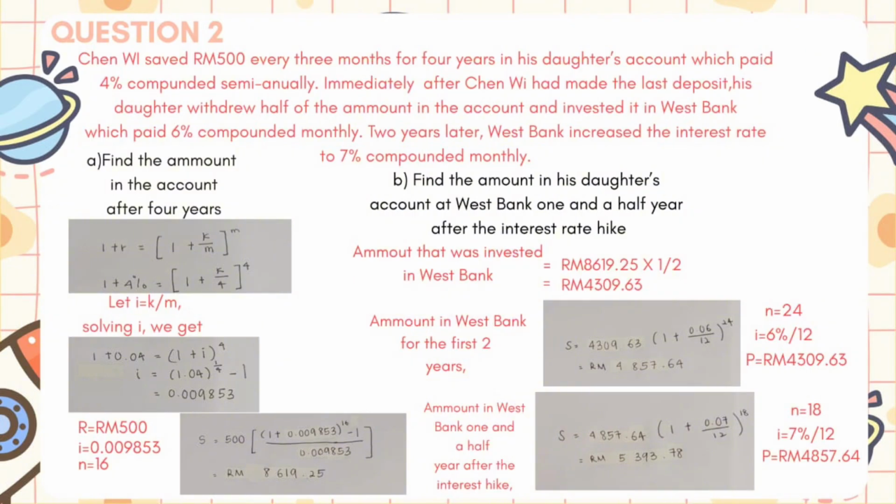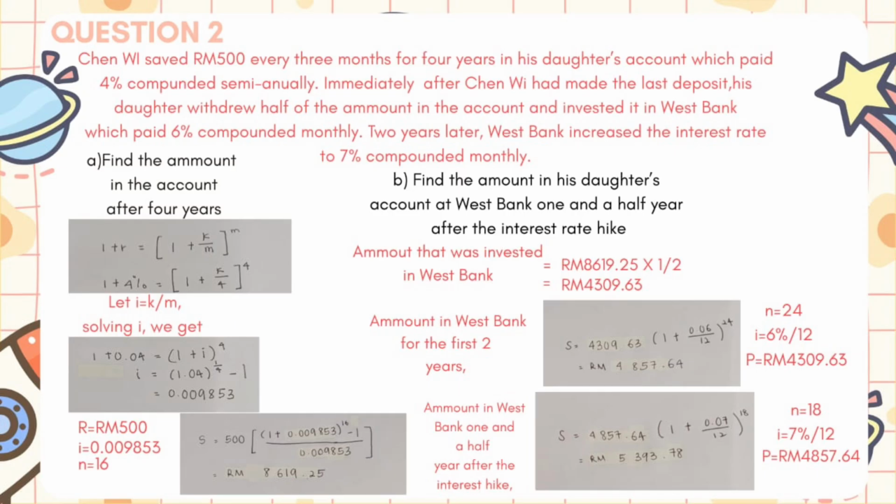By using the formula of future value of ordinary annuity, the amount in the account after 4 years would be RM 8,619.25.